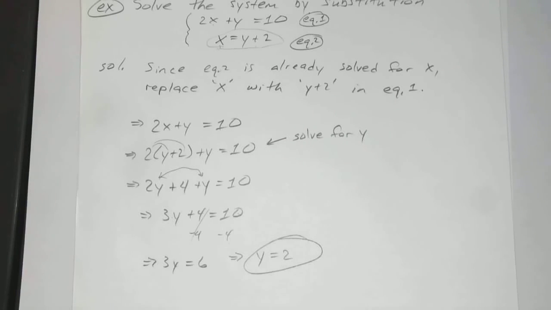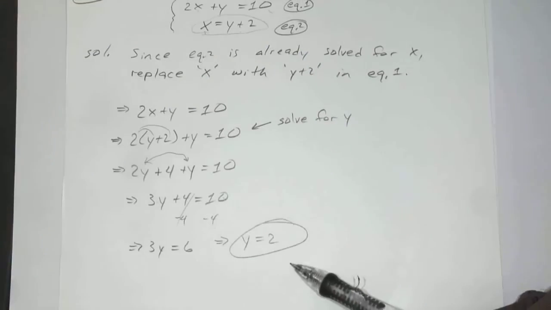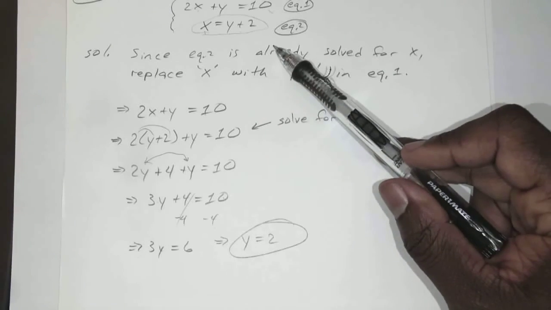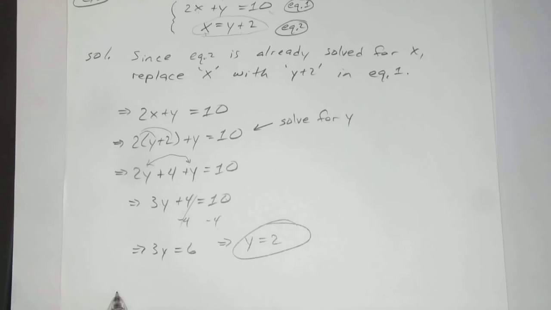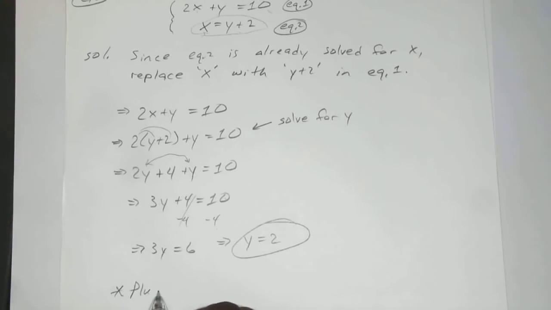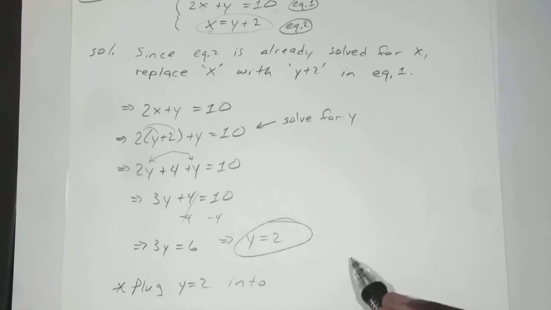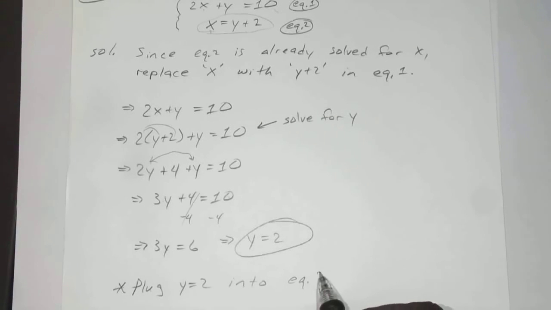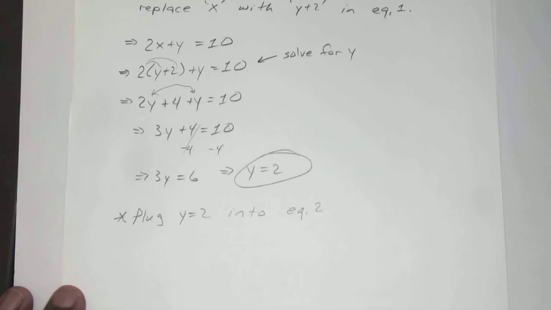Okay, so we were able to get that one. So we have y equals 2 using the first equation. If we plug y equals 2 into the second equation, we'll have our x value. So we plug that into equation 2.